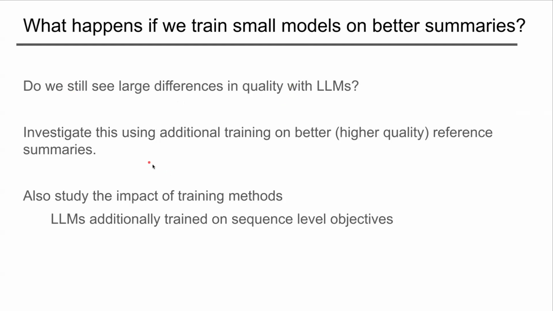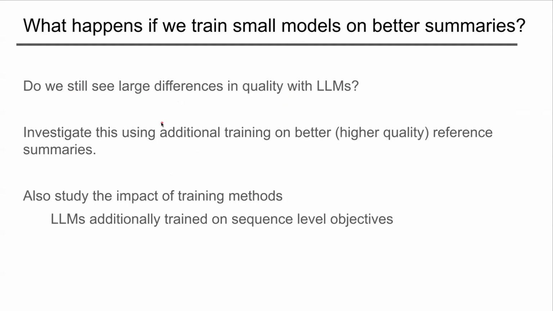And we wanted to investigate this using additional training, because as I mentioned before, LLMs go through two stages of fine-tuning or post-training. One of them is preference optimization, and the smaller models do not have that.